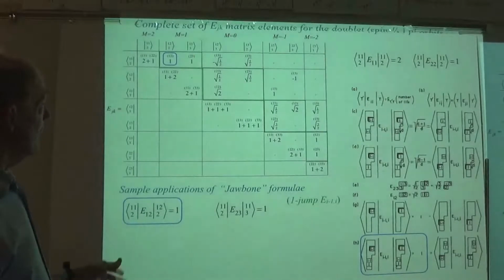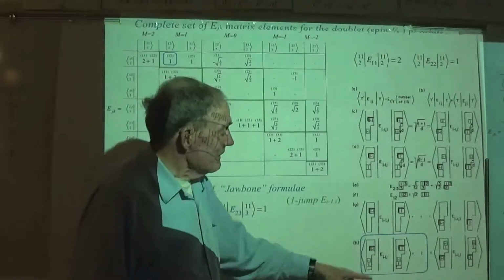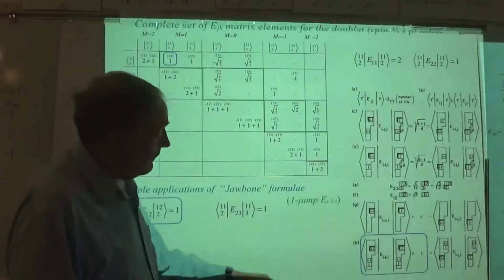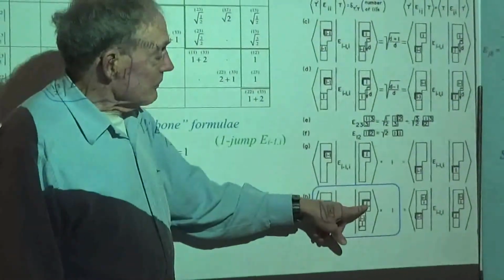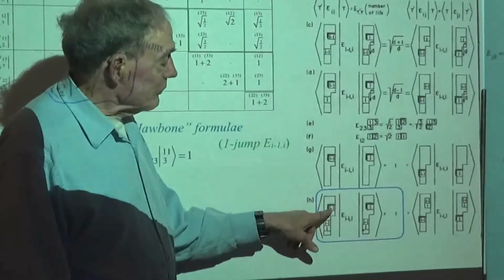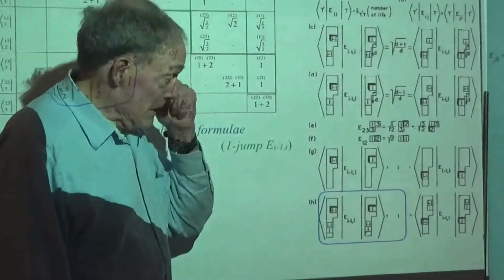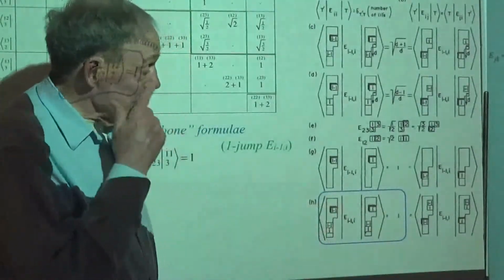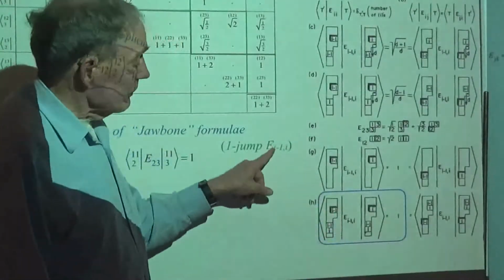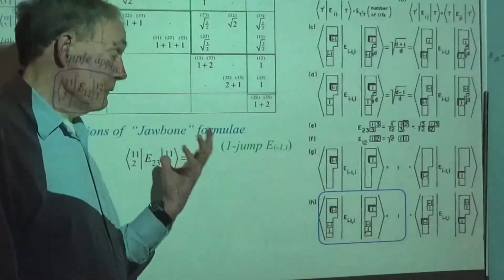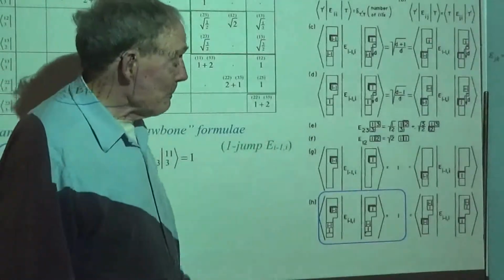But the idea of doing that is based upon a particular rule here. Now this is a rule that shows the tableau, and we're starting with I and changing it to I minus 1. And the ones that have a little black around them indicate the box that actually is getting changed by this particular one jump down operator.